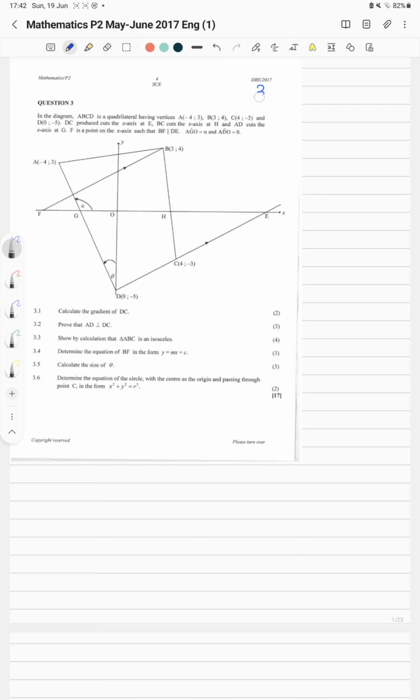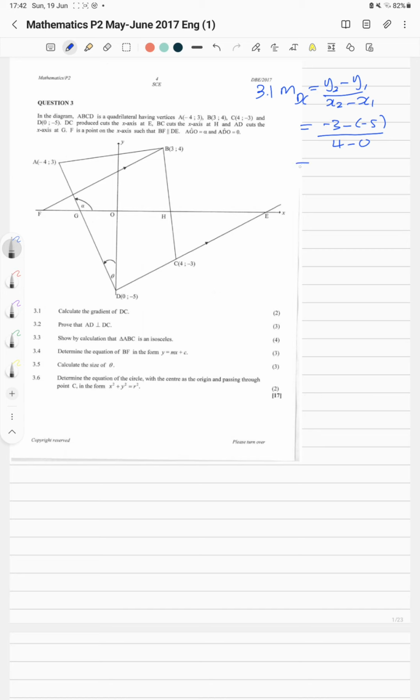Right, 3.1, gradient M of DC. So we're going to take the formula from the data sheet, y2 minus y1 over x2 minus x1. That will be equal to, you're going to subtract from C to D, so minus 3 minus minus 5 over 4 minus 0.